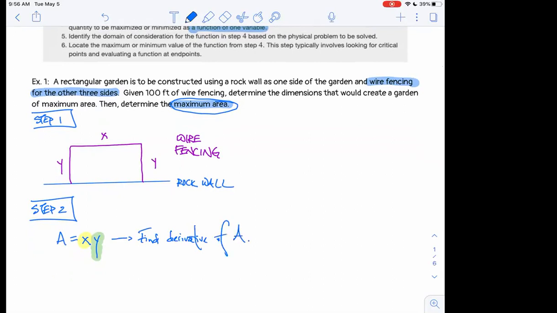And in order to do that, we need to get rid of X or Y. One of those variables needs to go. Either my equation is going to have only X's or only Y's. I'm going to pause here for just a brief moment. Are there any questions so far on the setup?